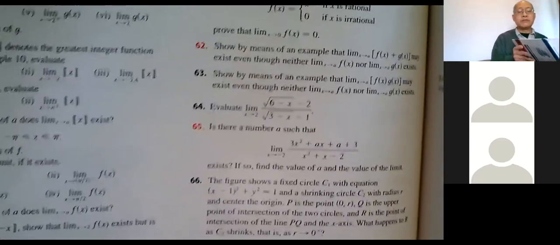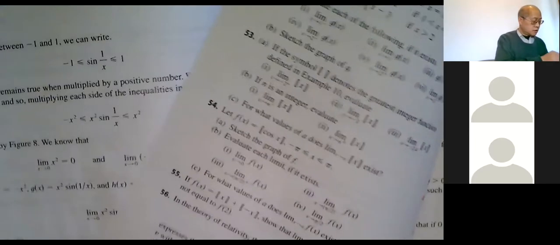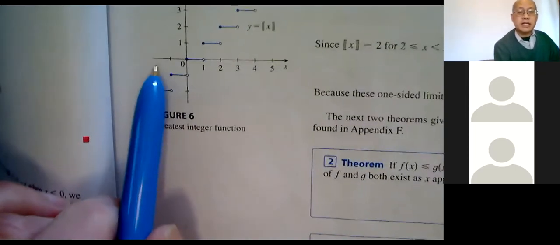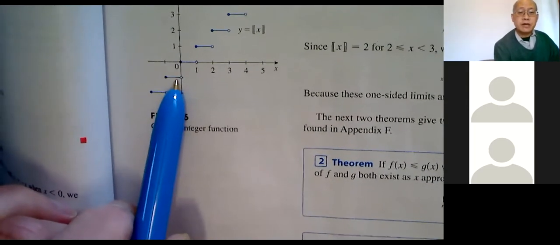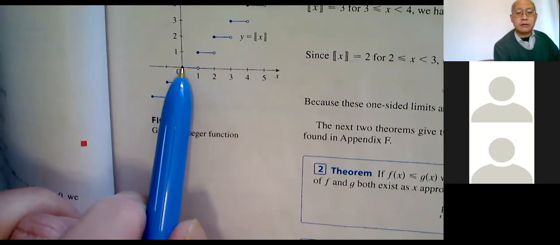So for any of the in-between points, we can find a two-sided limit. That's not going to be true right at the endpoints, right at the integers, because you do not have a two-sided limit right at the integers. So for instance, the limit as x approaches 0 from the left is -1, and the limit as x approaches 0 from the right is 0.